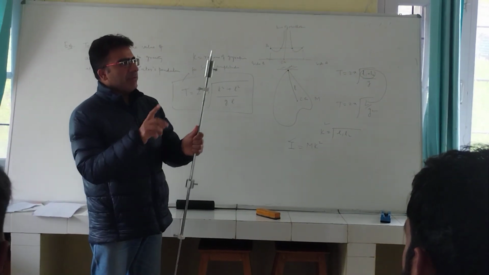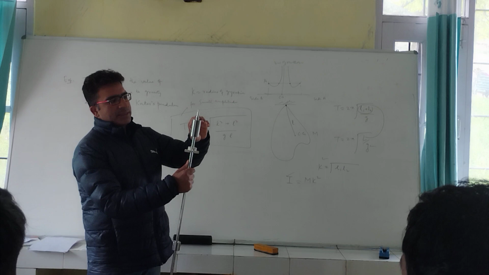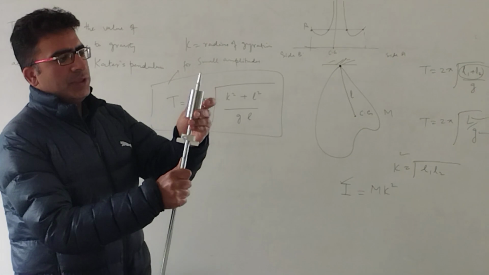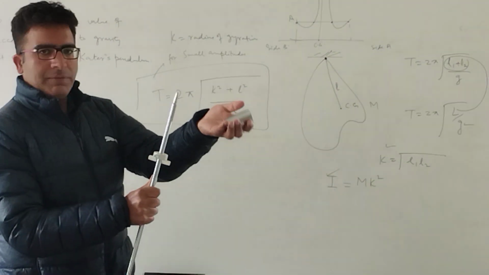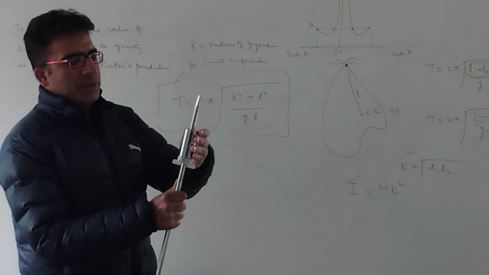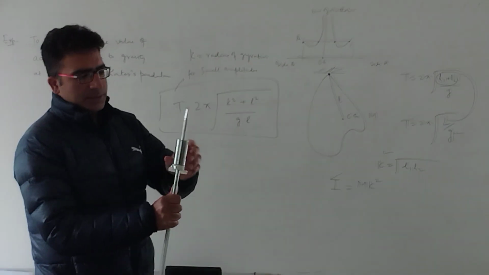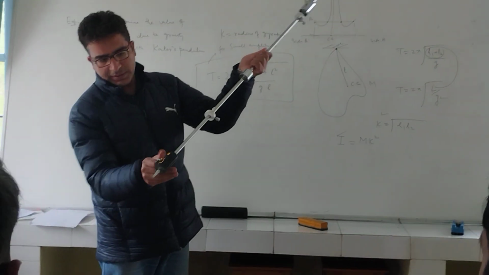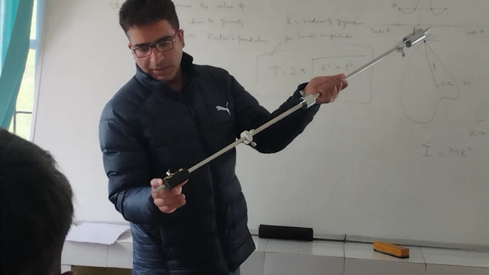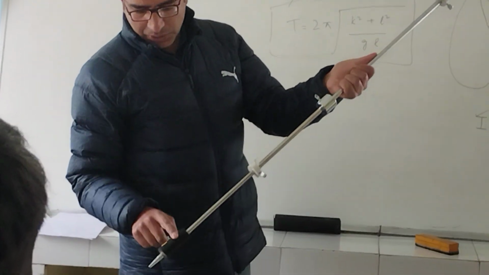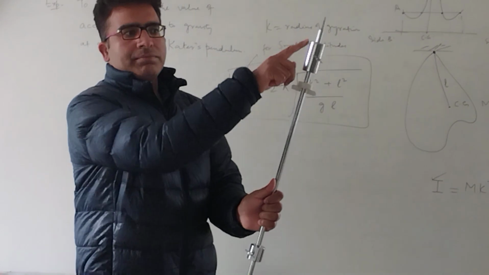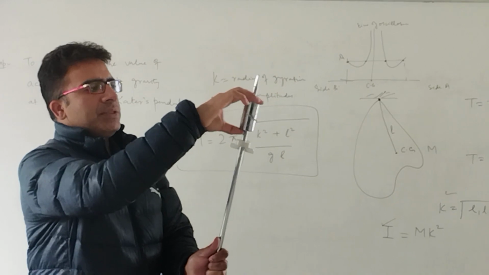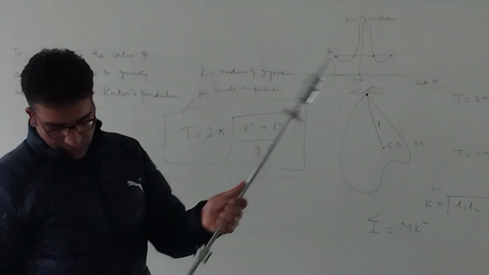Then there are 3 other weights in it. One is this. This weight is heavy, you can take it out also. It is made of metal, copper or brass. Then there is another weight, that is this weight. If you see, this weight has the same shape as this weight, with certain length, certain thickness, certain shape.